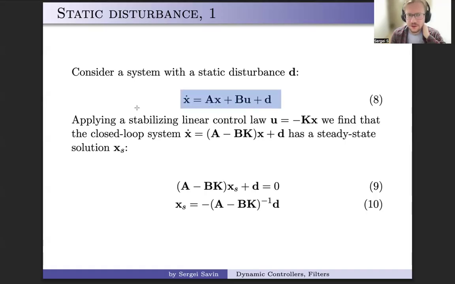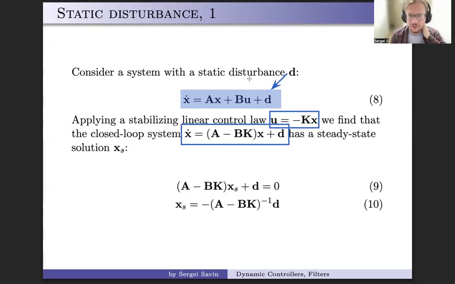So consider a system with a static disturbance d. So d here is a static disturbance, right? Let us say that we use a static controller, right? Stabilizing control u = -kx. And we have this closed loop system.